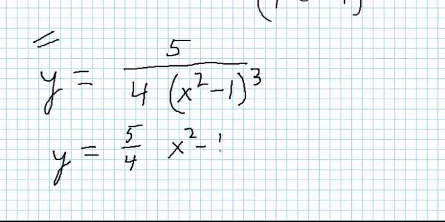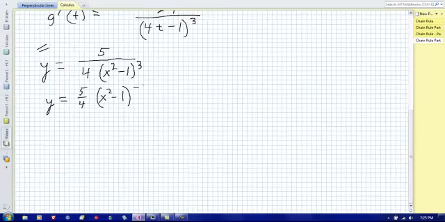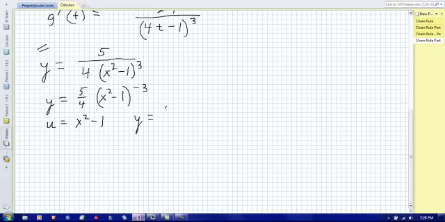(x squared minus 1). Again, this was from the denominator, so we're going to make that exponent a negative exponent. And then just apply our rules. So inner function, u equals x squared minus 1, the outer function is 5/4 u to the negative 3. We're just going to put the constant with our u here.